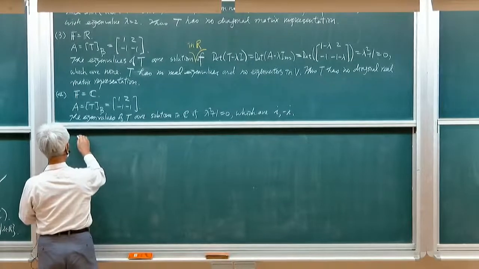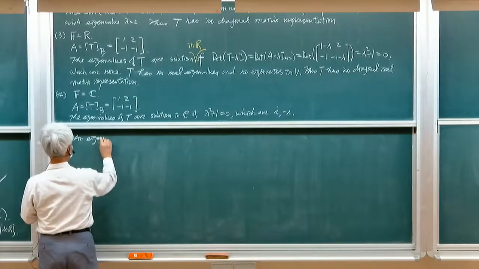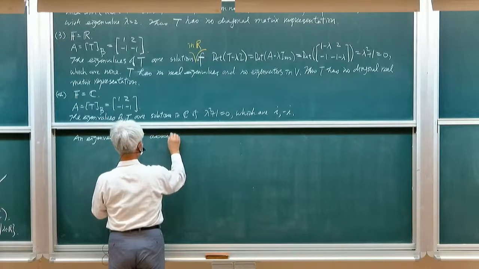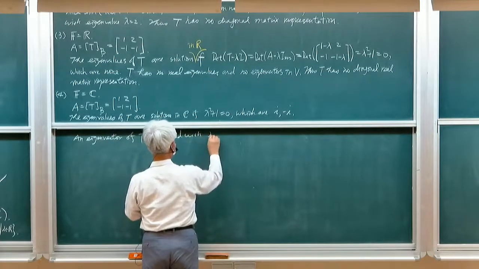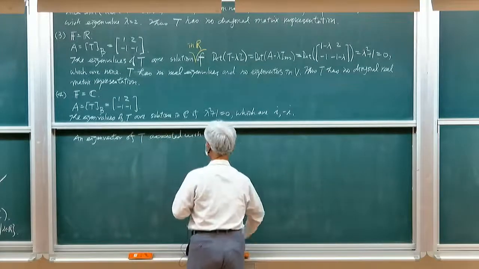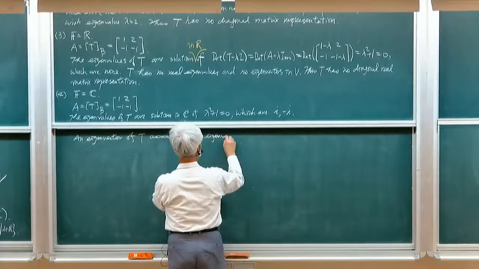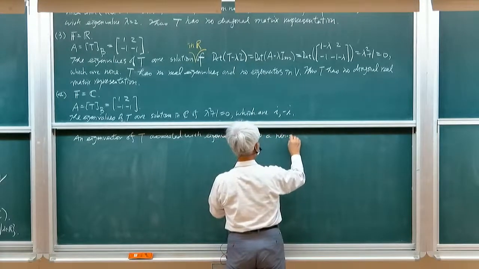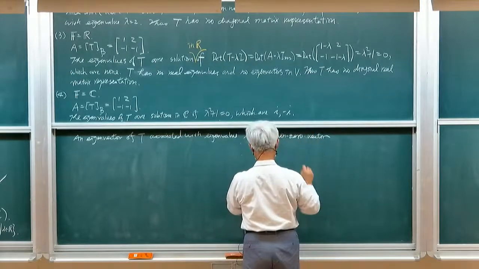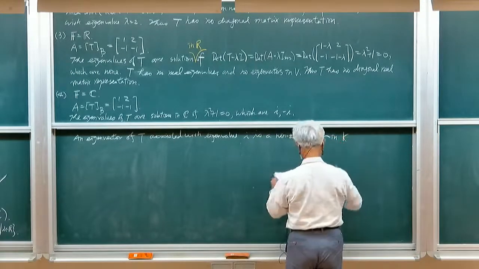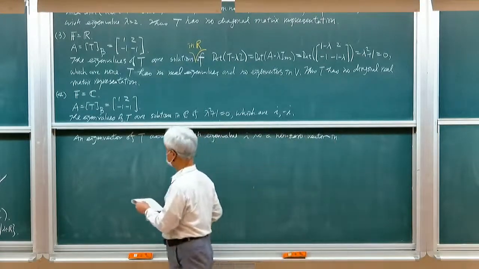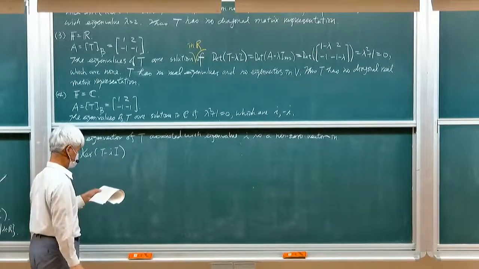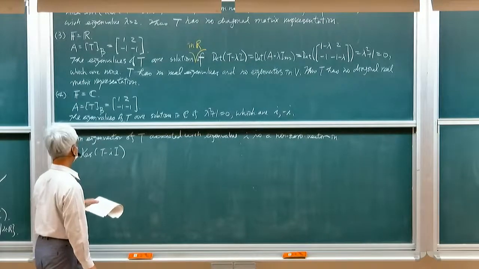All right. Now an eigenvector of T associated with eigenvalue i is a non-zero vector in the kernel of T minus iI.